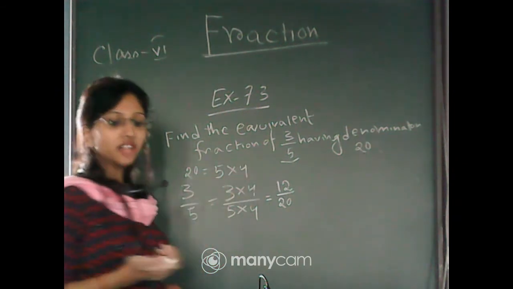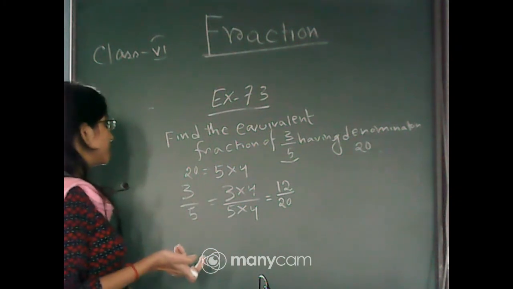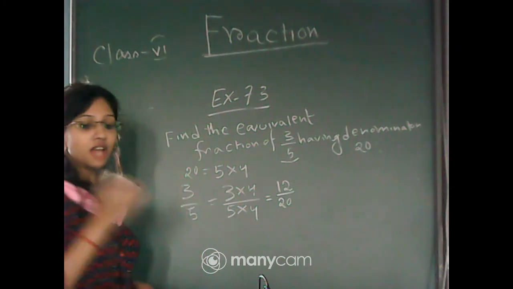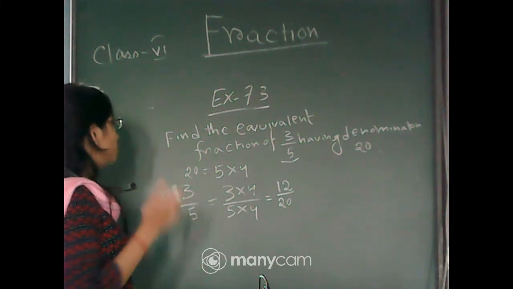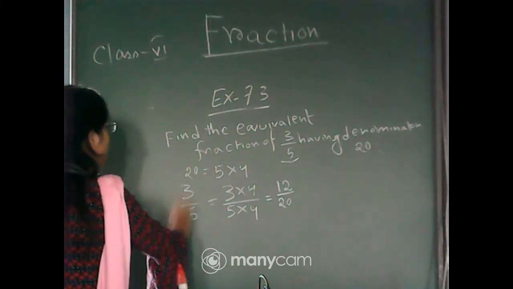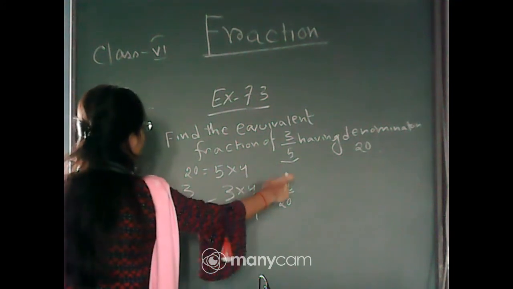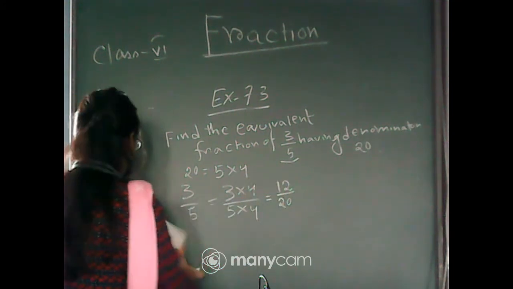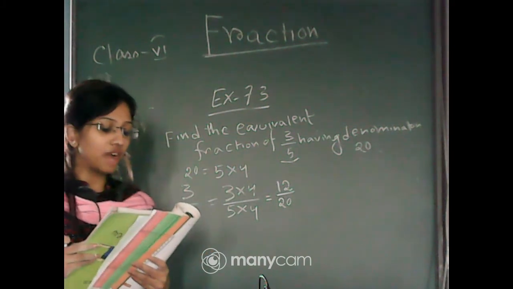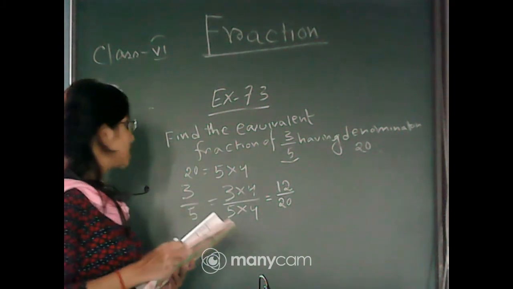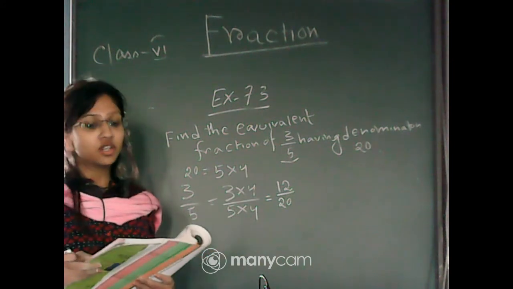This means that to find the equivalent fraction, we need to multiply both the numerator and the denominator by 4, and we get 3/5 is equal to 12 by 20. Therefore, the equivalent fraction of 3/5 having denominator 20 is 12 by 20.